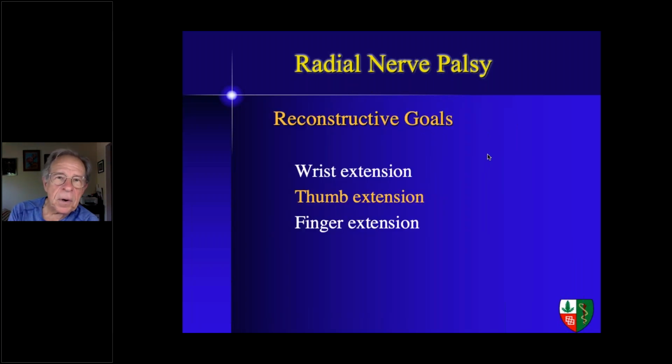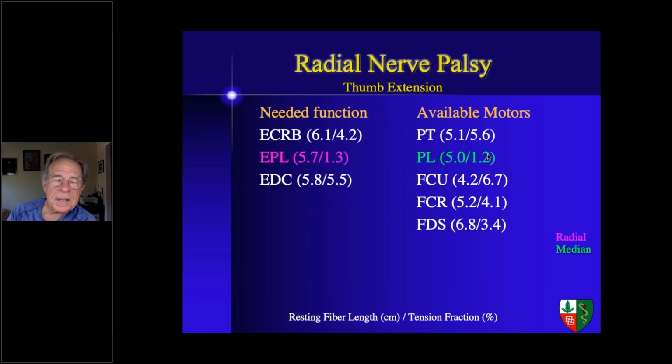The other reconstructive goals, thumb extension. Again, if we go back to Brand's work, we can see what the factors are for the extensor pollicis longus, and then we can look around and see what expendable motors most closely fit the bill and consider choosing that, consider why not choose that.